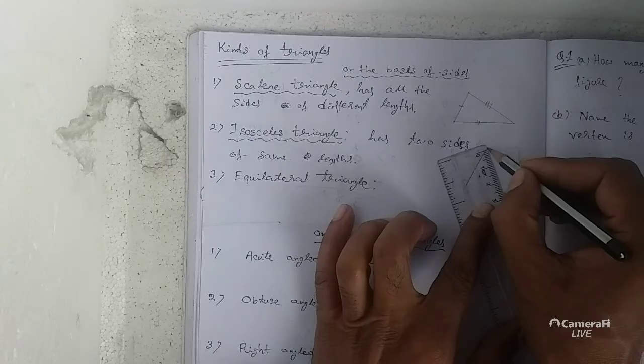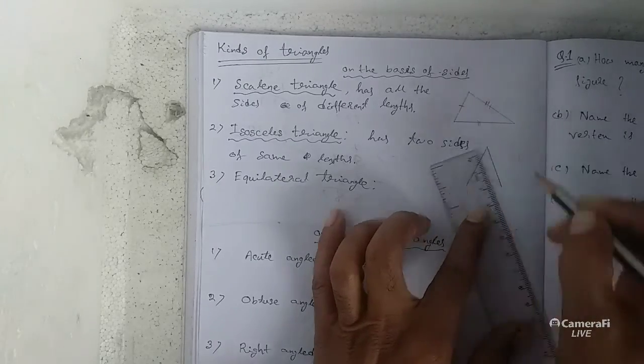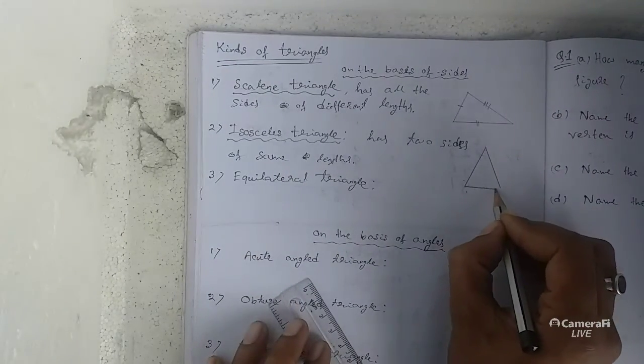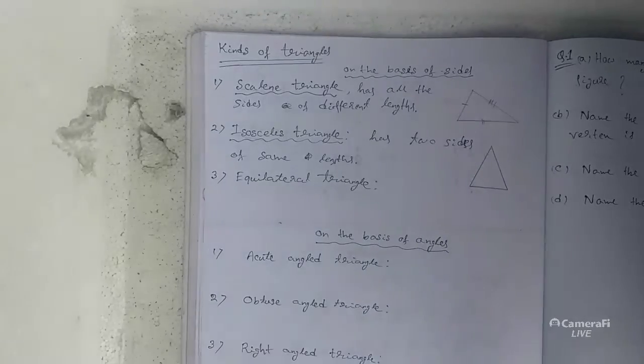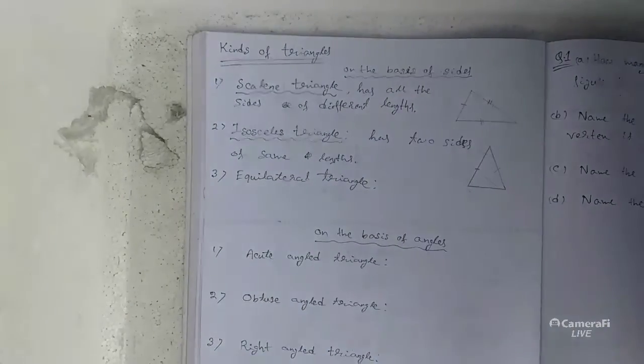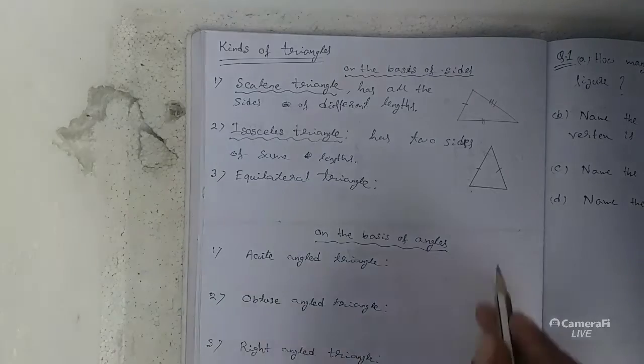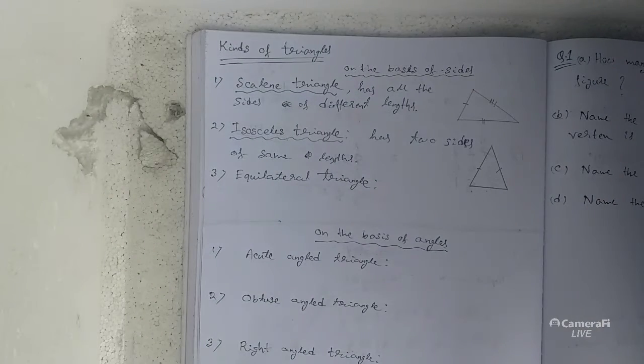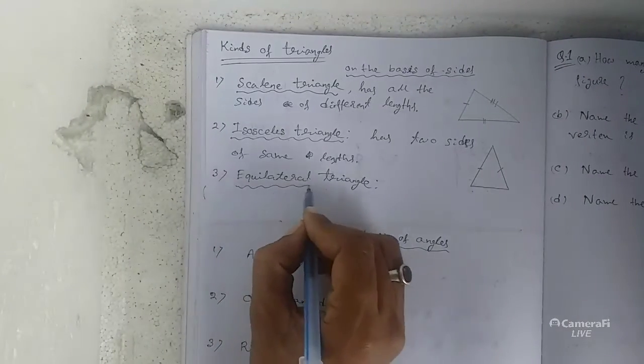Like this type of figure, where these two sides are the same in length and this is the different side in length. So this is an isosceles triangle. So an isosceles triangle has two sides of equal length, and third one is the equilateral triangle.